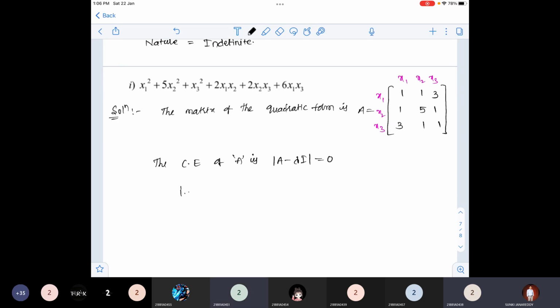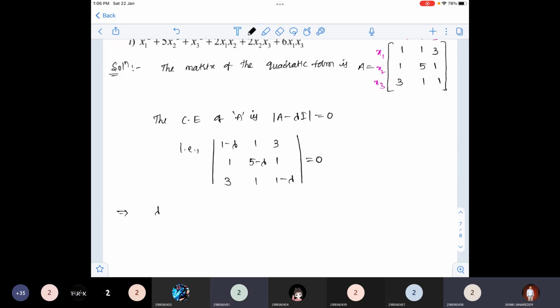That is, first row 1 minus lambda, 1, 3; second row 1, 5 minus lambda, 1; third row 3, 1, 1 minus lambda. Do it carefully.